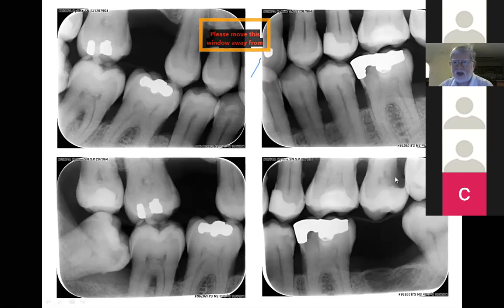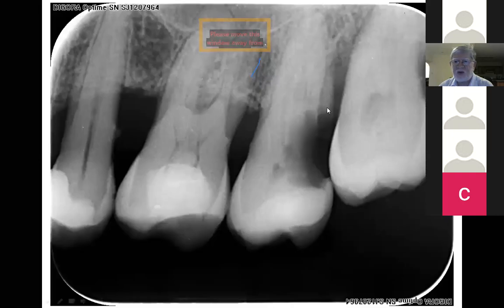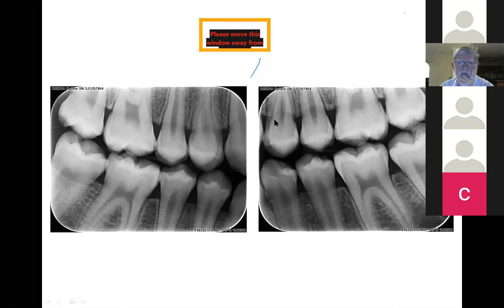But this is the thing, that's that massive cavity that's been picked up. And here we are, huge. Again, prognosis. Hopeless, yeah, okay. Fine.